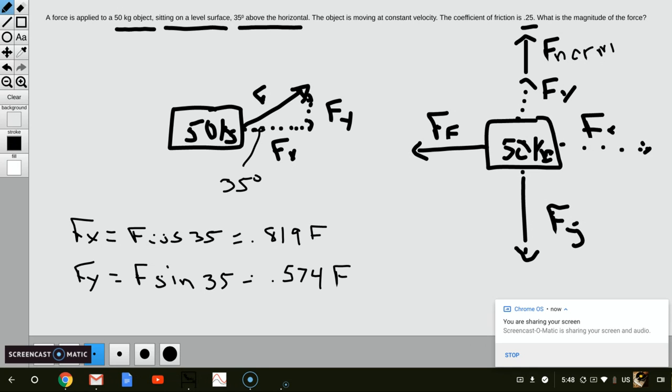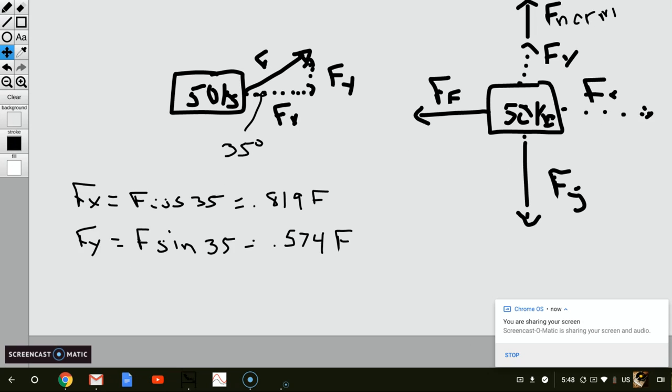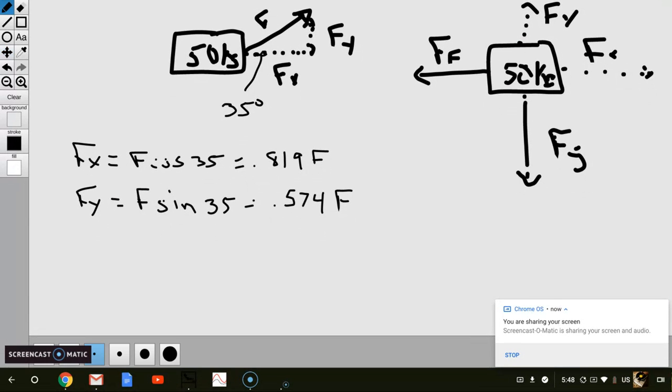Now, when we start looking here, we know a couple of things. We know that Fx is equal to Ff. Fx is equal to 0.819 F, and we know that Ff is equal to F norm times mu. And so we've got to figure out what F norm is.